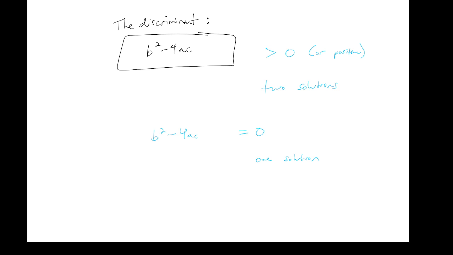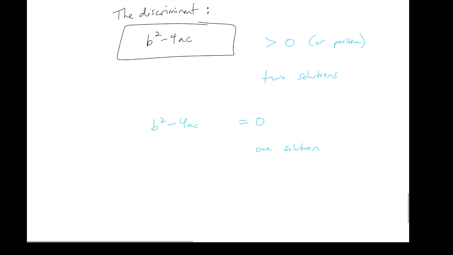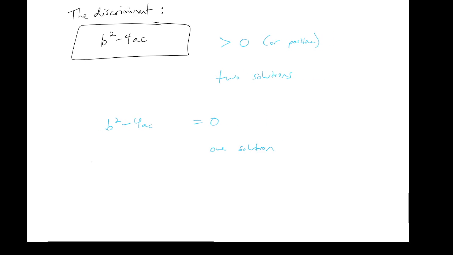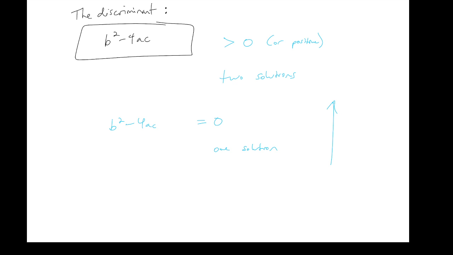It means it has one root that will be on the x-axis. We remember what a quadratic makes. It makes a parabola. So here's two solutions, it intersects here and here. Or if I have one solution, I have one place that it intersects on the x-axis.